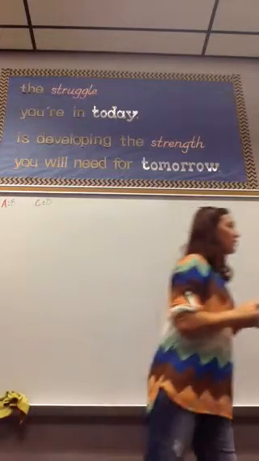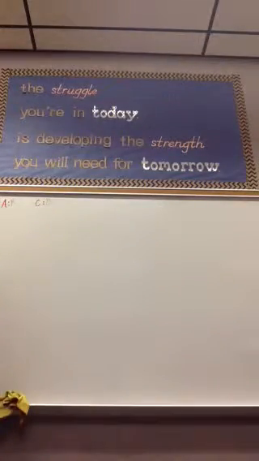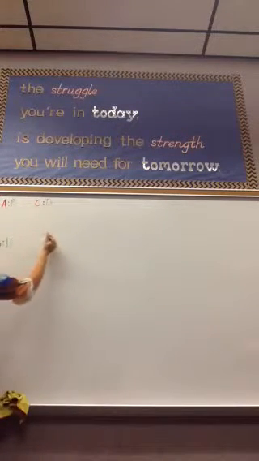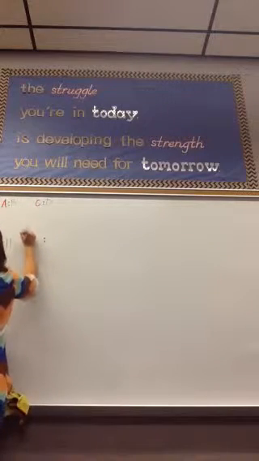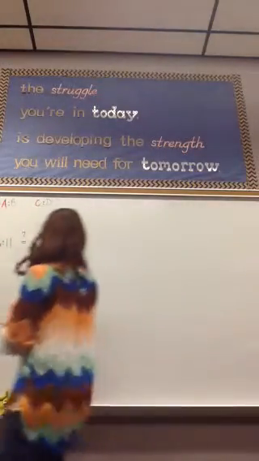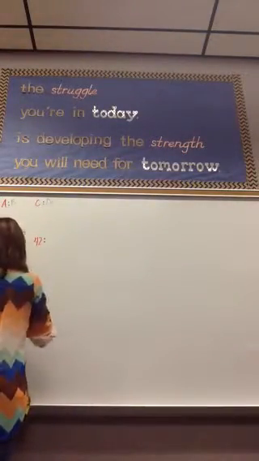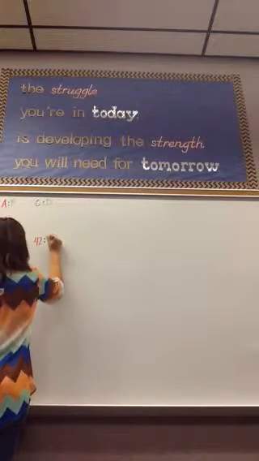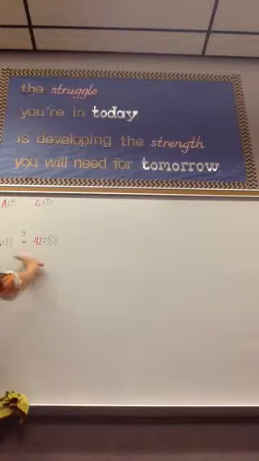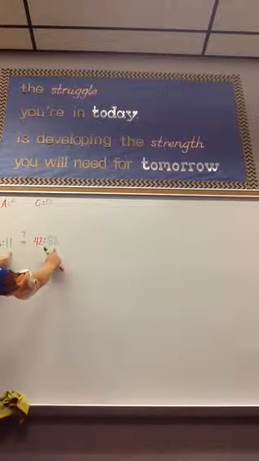The first ratio they've given us is 6 to 11. We need to determine if it's equal to 42 to 88. I've got these color-coded because these numbers correspond to each other.